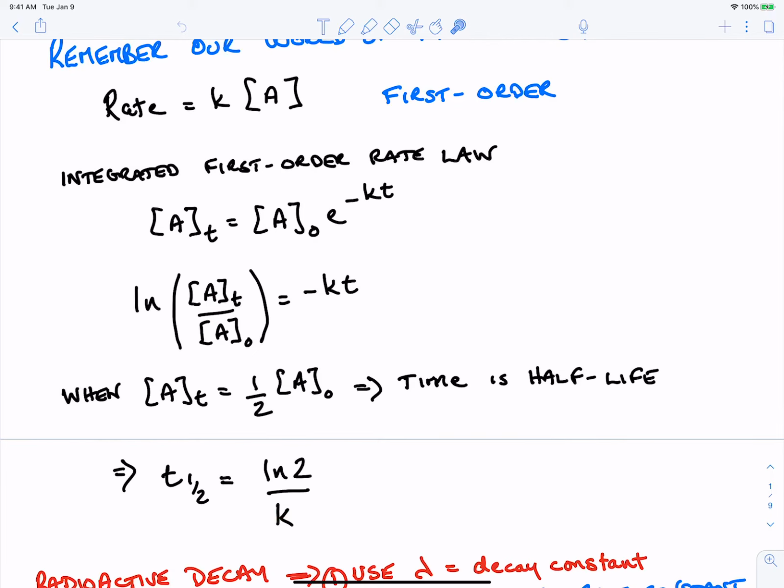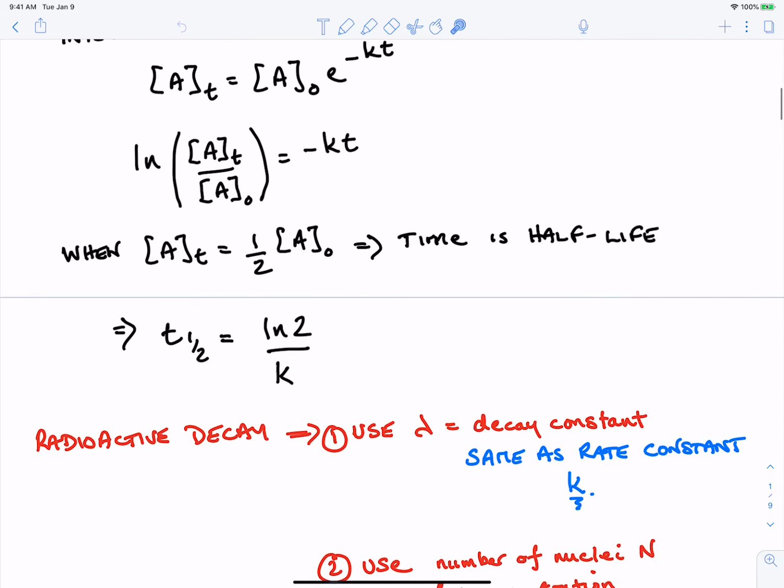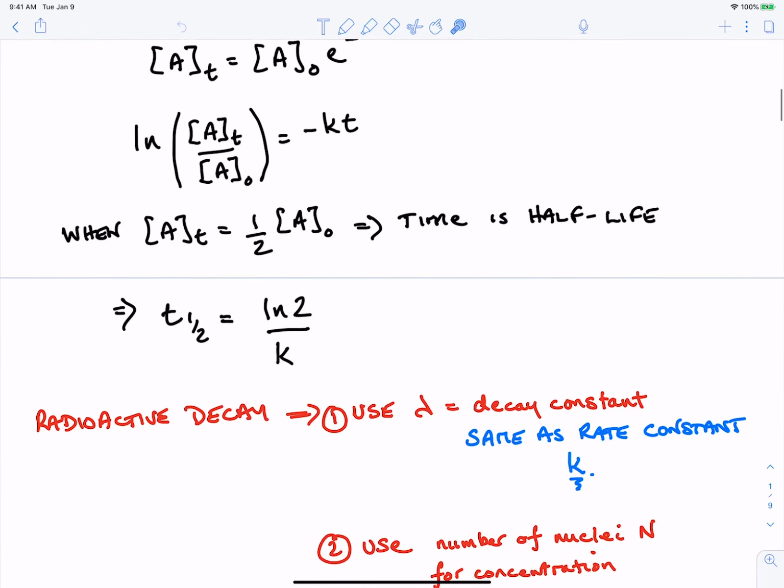We rearranged it. Now, radioactive decay, instead of using the symbol k for a rate constant, uses a different symbol, lambda, the decay constant, but it's exactly the same thing. This lambda value is the decay constant, and it's the same as the rate constant.